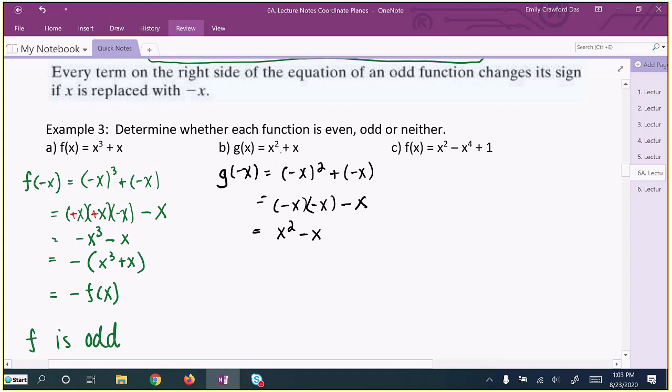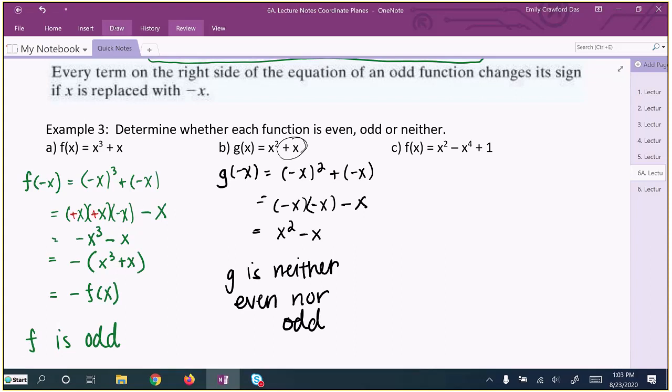So now if I compare with my original function, I see one of the signs changed. This plus x became minus x, but the x squared stayed x squared. So this is neither. Because in order to be odd, I would need negative x squared, and in order to be even, I would need plus x.